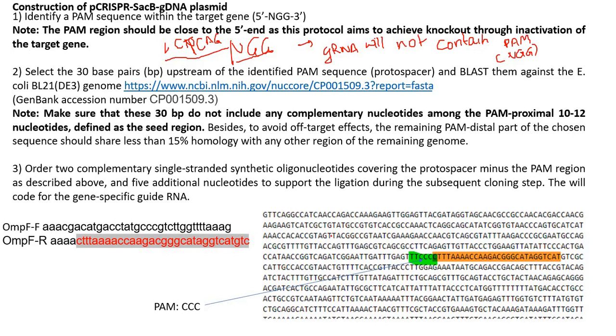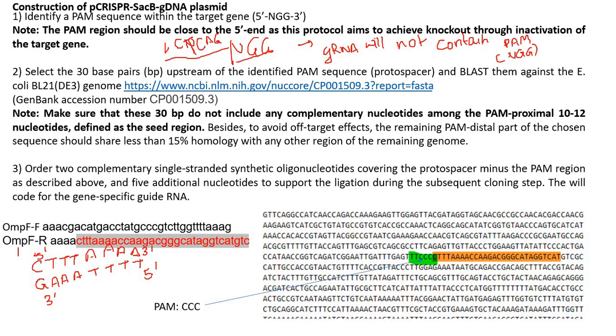Let's say we count C, C, T, T, T, A, A, A, A. What is going to be the complementary? It is G, A, A, A, T, T, T, T. Since this is 5 prime to 3 prime, the complement is 3 prime to 5 prime.